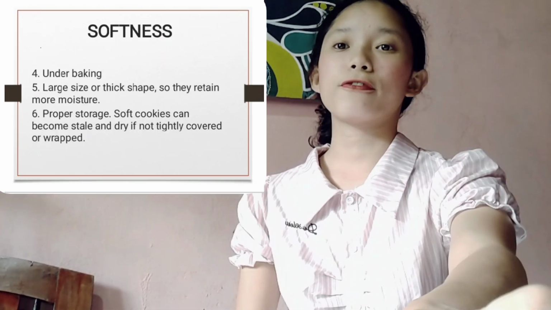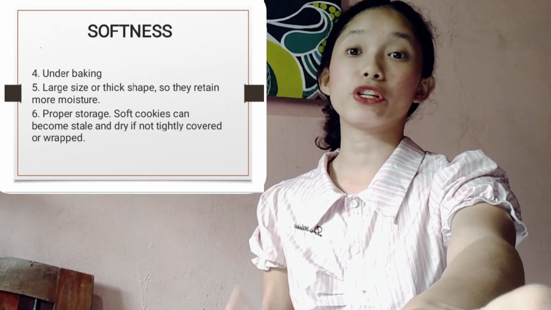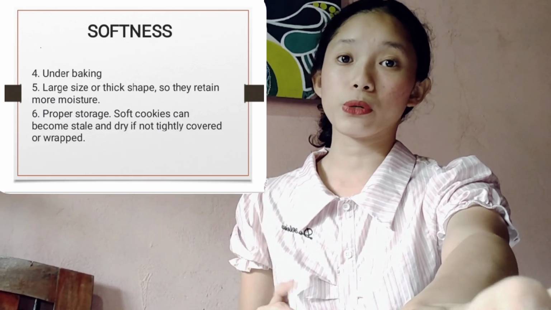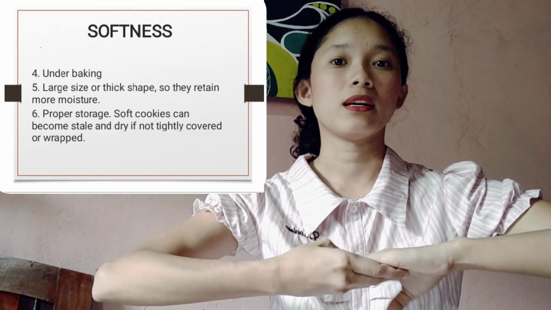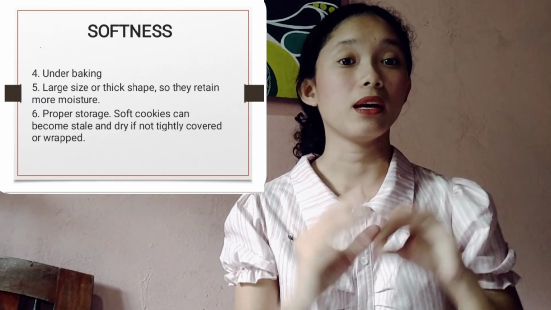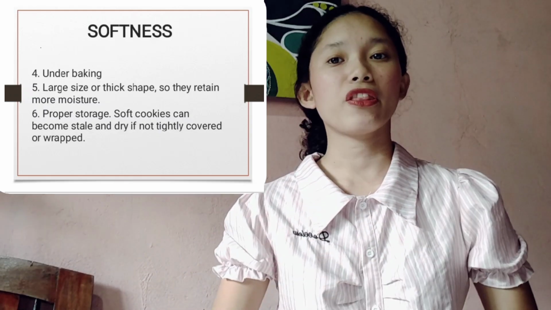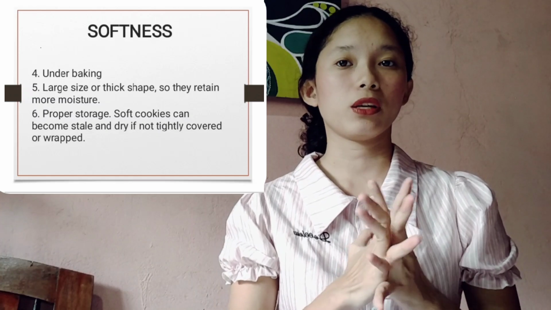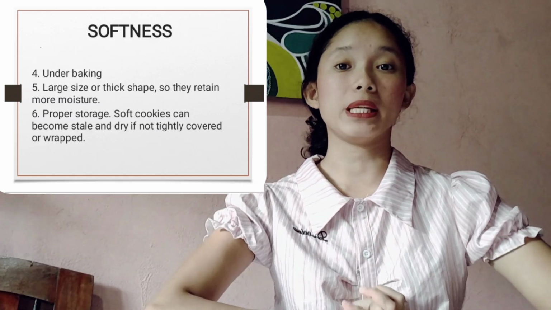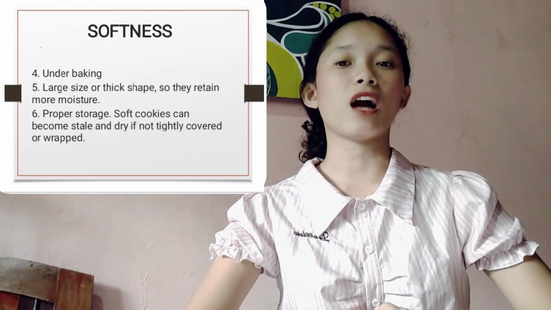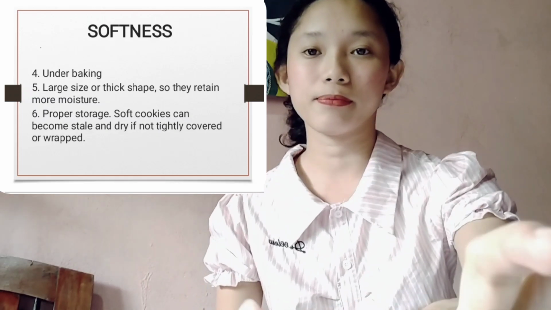To achieve the softness, the cookie must be underbaked. And you can also shape it into a large size or thick shape so that it can retain moisture. And for the proper storage of the cookie to achieve softness, it must be stored tightly covered or wrapped.